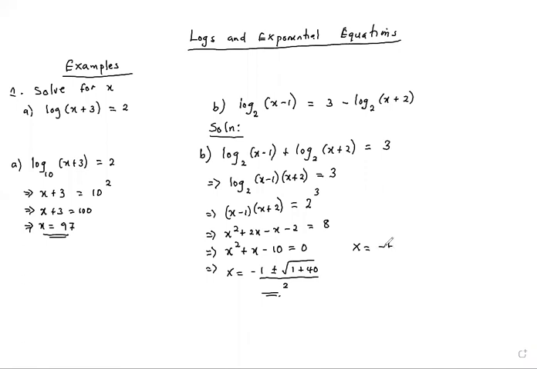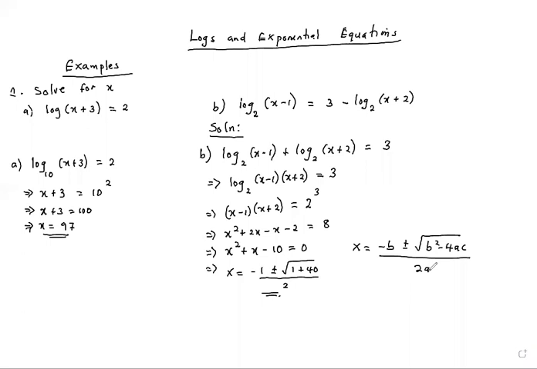This is the formula here, the quadratic formula, over 2a. So I have solved this x squared plus x minus 10 is equal to 0 using the formula.